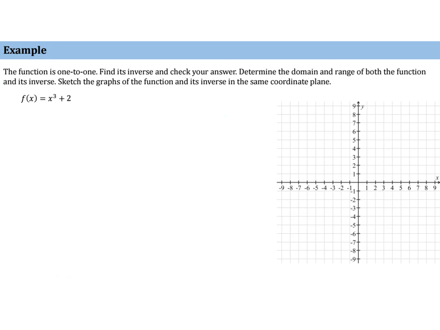So let's look at this function f. So we have f of x equals x cubed plus 2. So that is, let's graph it first, the cubic function shifted up 2 units.